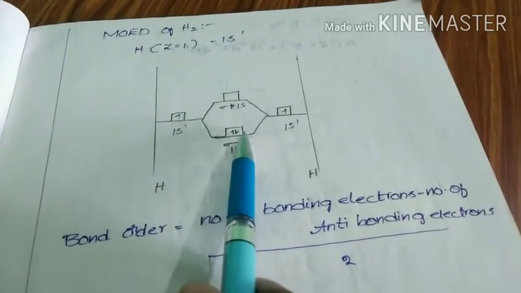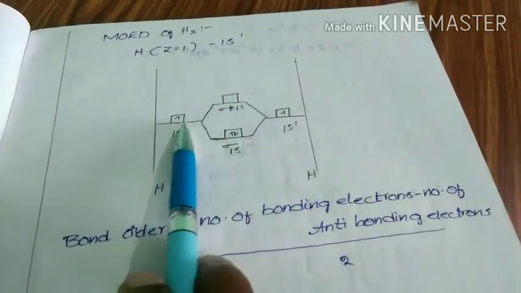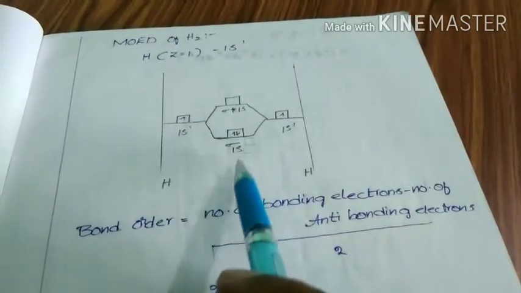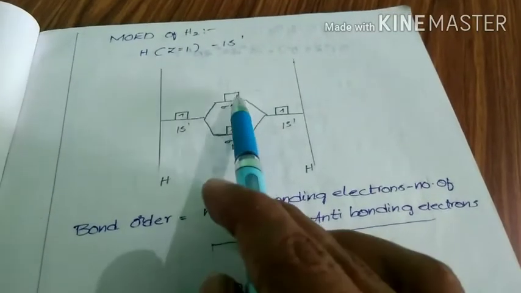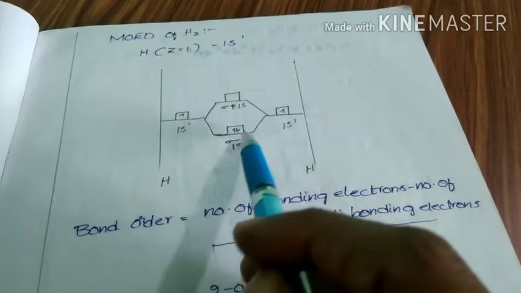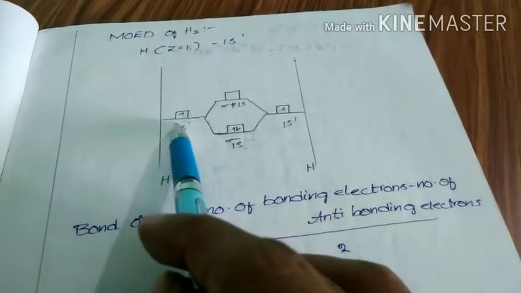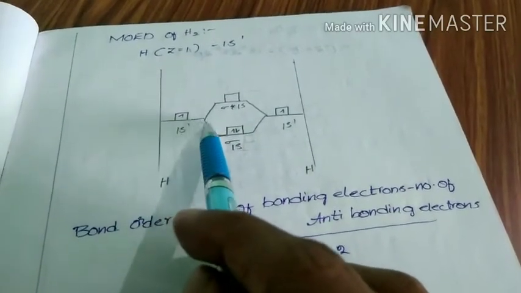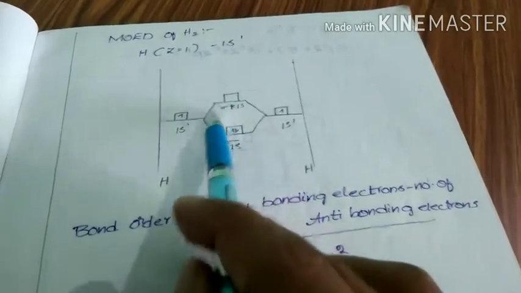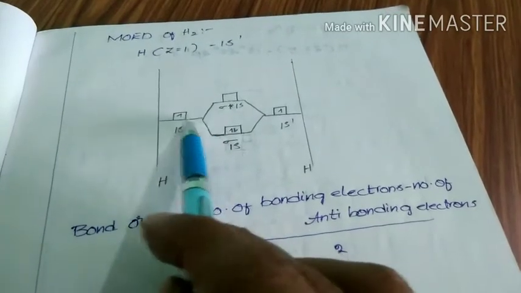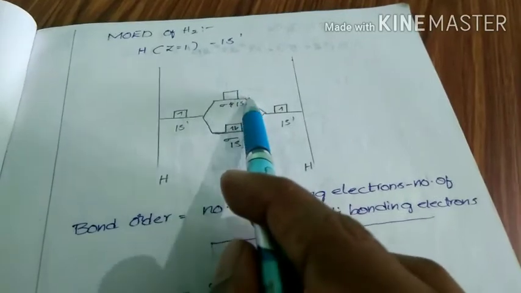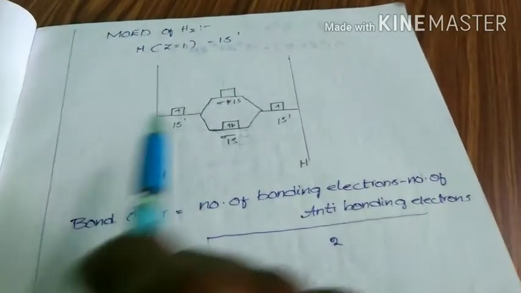Only 2 electrons are present, so both are in the sigma 1s orbital. This is the bonding orbital, and this is the anti-bonding orbital. We draw it like this because the bonding molecular orbital has less energy than the atomic orbitals, so it is drawn below them, but the anti-bonding molecular orbital has more energy than the atomic orbitals, so it is drawn above.